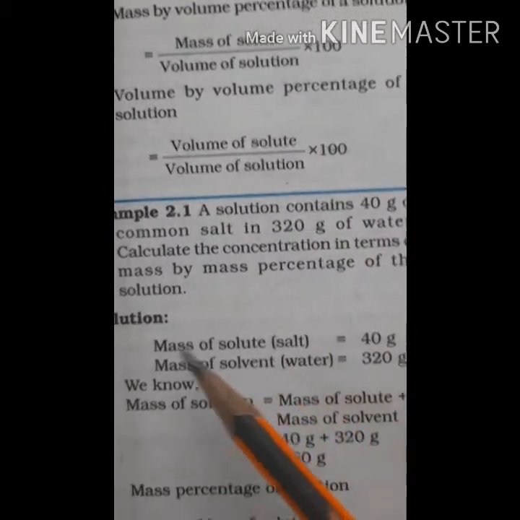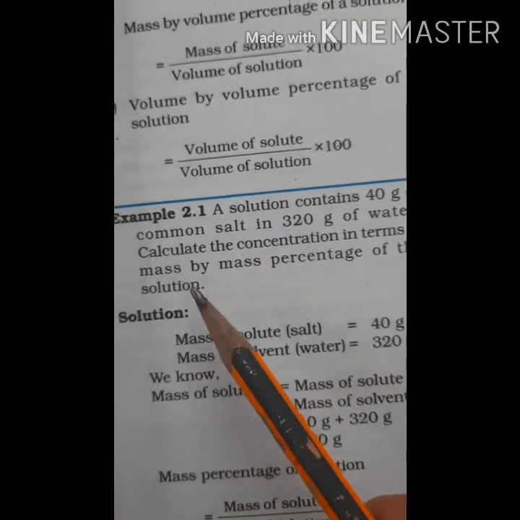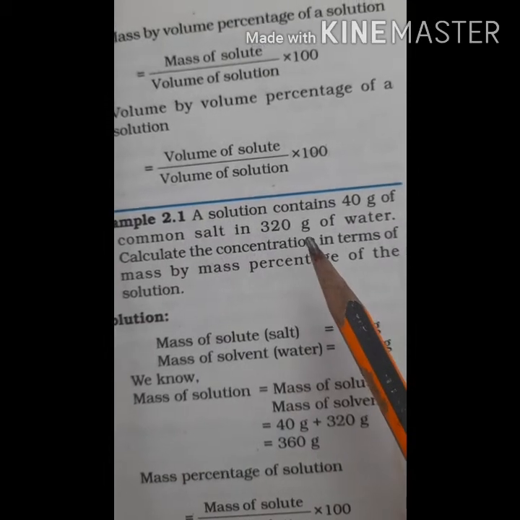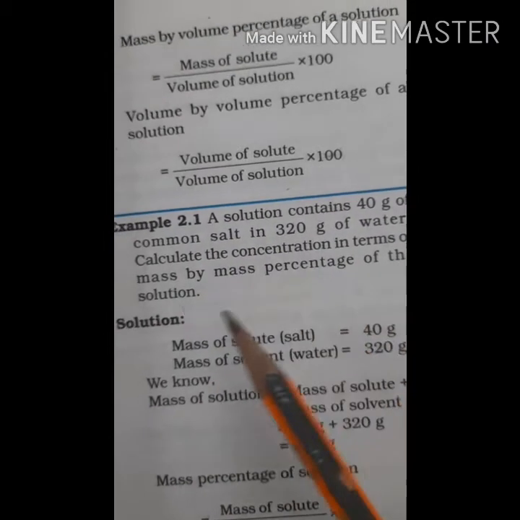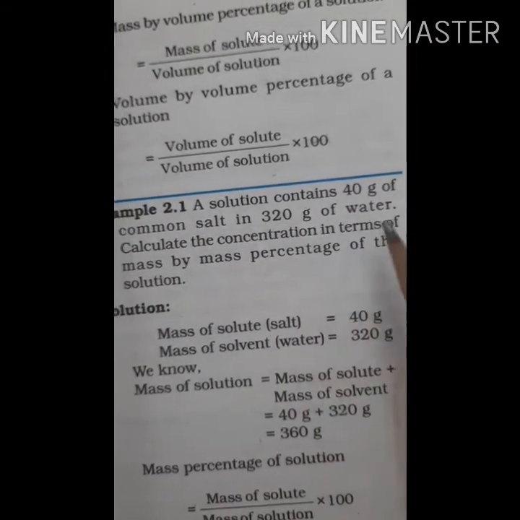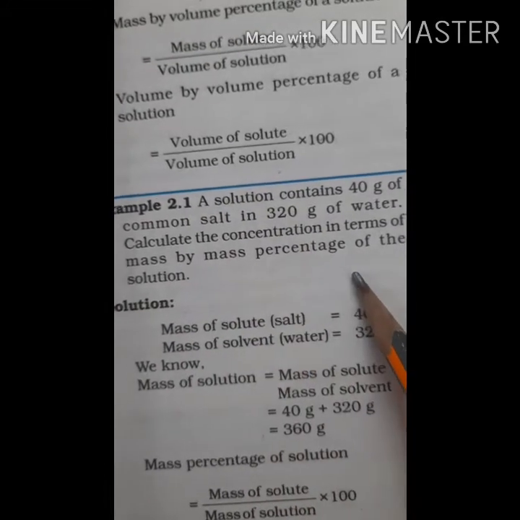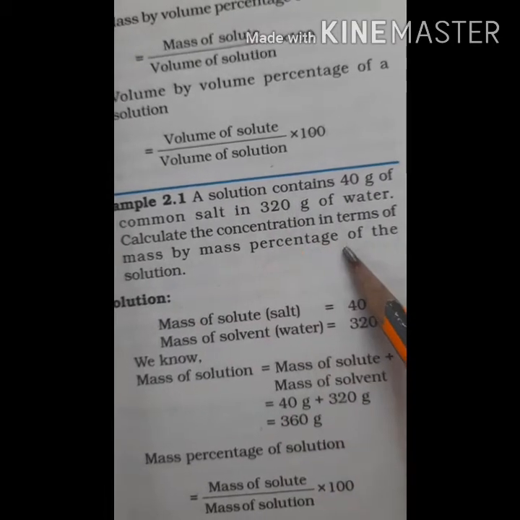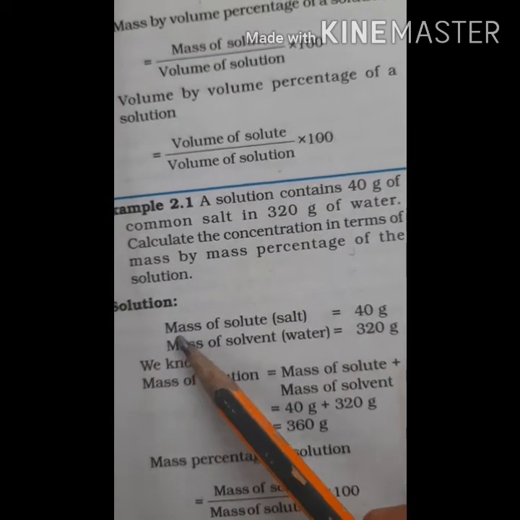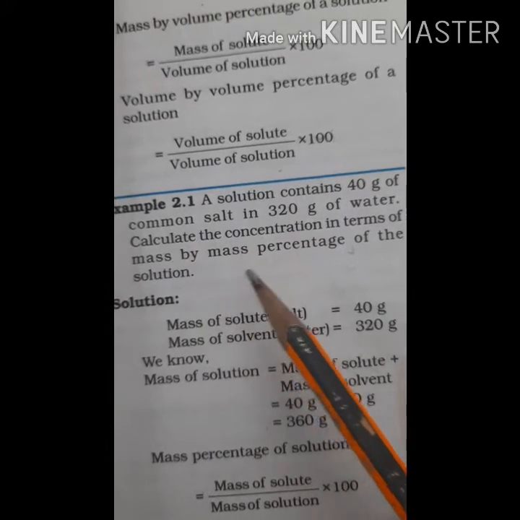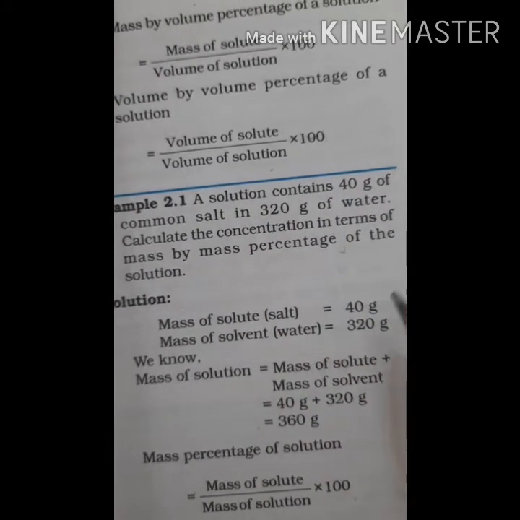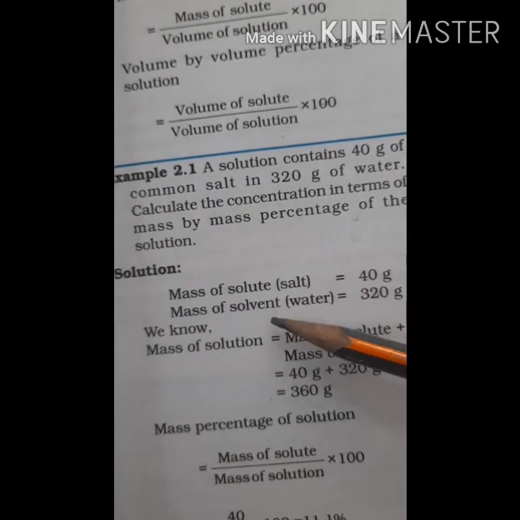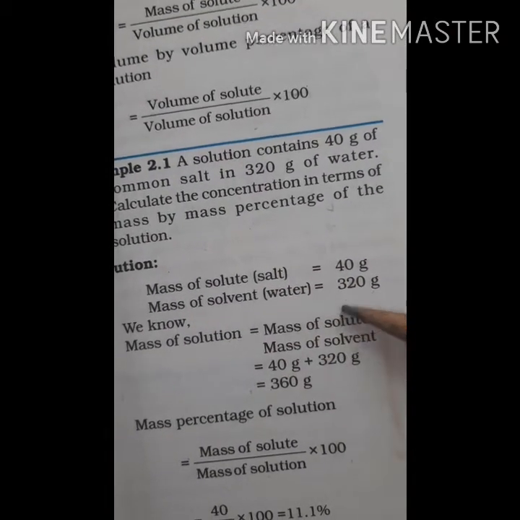Okay, dear ones, now you see this example. A solution contains 40 gram of common salt in 320 gram of water. Calculate the concentration in terms of mass by mass percentage of the solution. Here both are given in mass. So we can use the first formula, that is mass of solute by mass of solution into 100. Okay. What are the data given? Mass of solute is given as 40 gram.